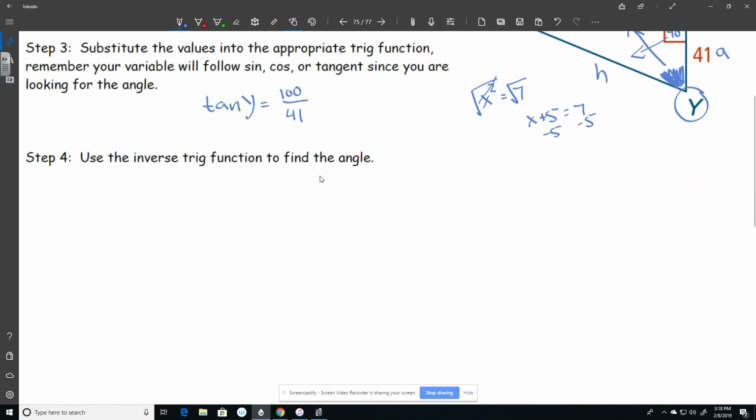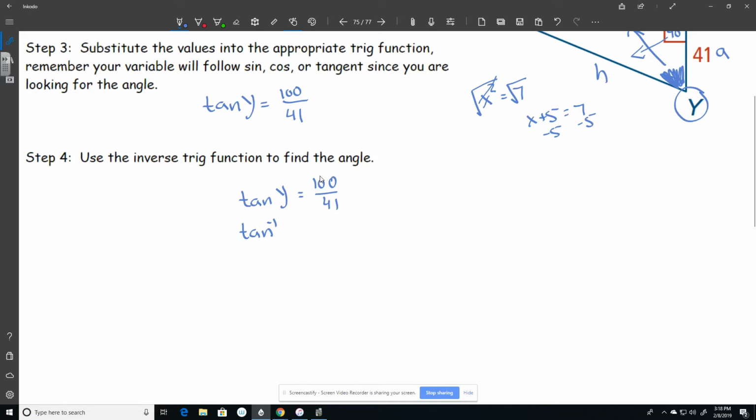I'm going to scroll down just a little bit to give me some room. So if I have the tangent y equals 100 over 41, the opposite of tangent is just tangent. We call this inverse tangent, tangent to the -1. So tangent to the -1 is the opposite of doing the tangent.